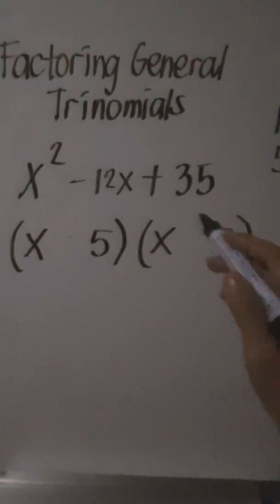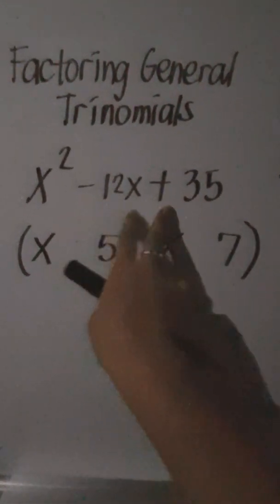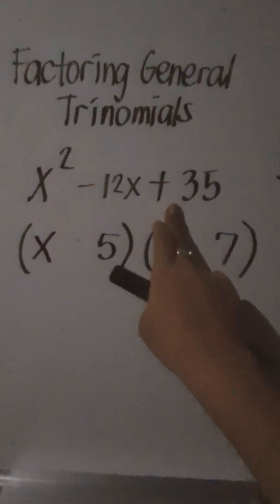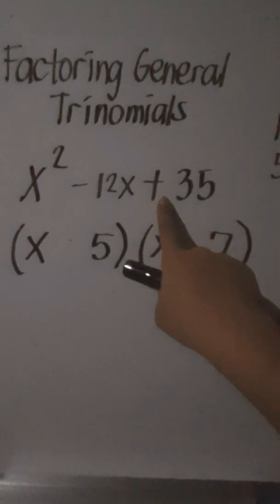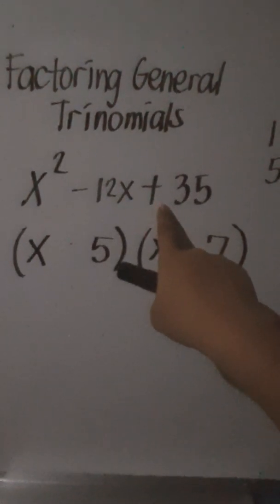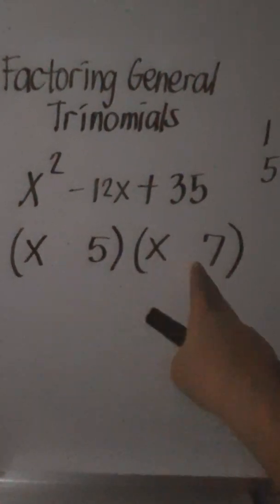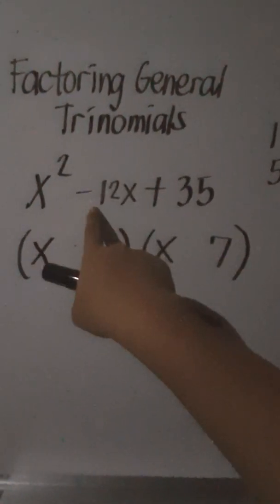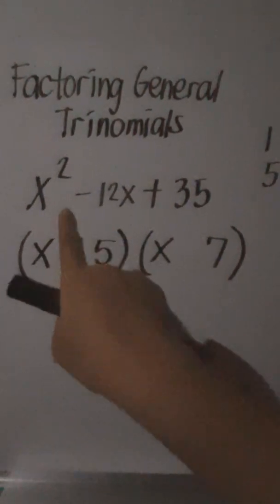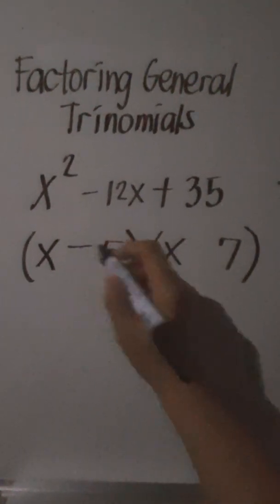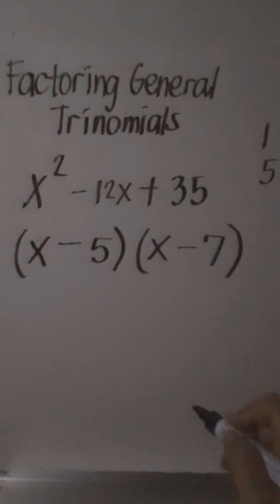Let's determine the sign. Since ang last na sign or the sign of the last term is positive, meaning pariha dapat ang ilang sign. So, since pariha dapat ilang sign, unsa man ang sign sa duha? Tanaw na sad nato ang middle term. Ang sign ni middle term is negative. So, we will use negative sign for both of them.